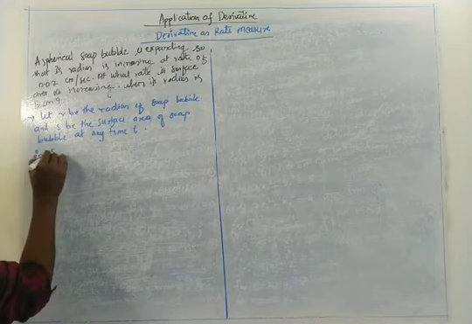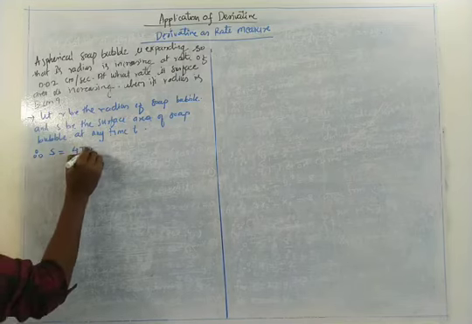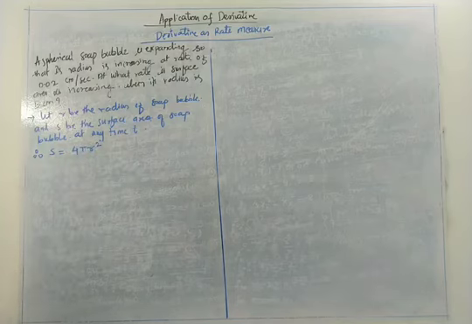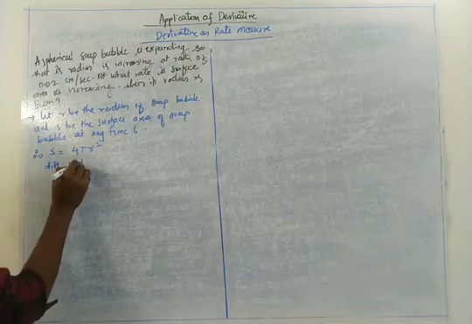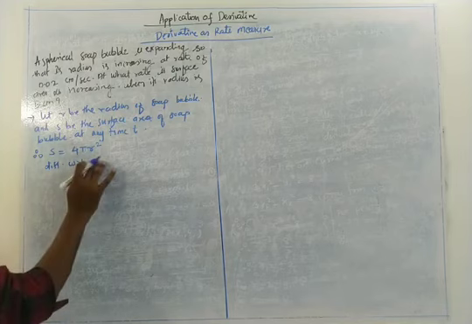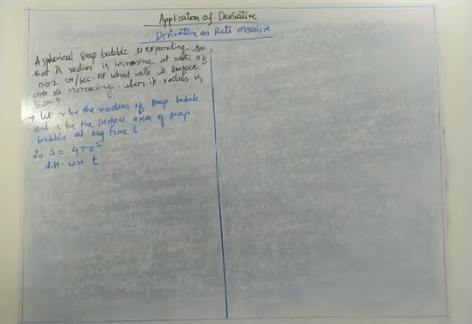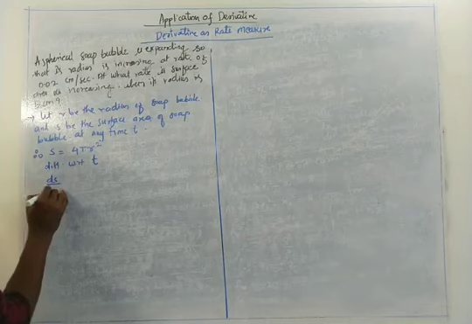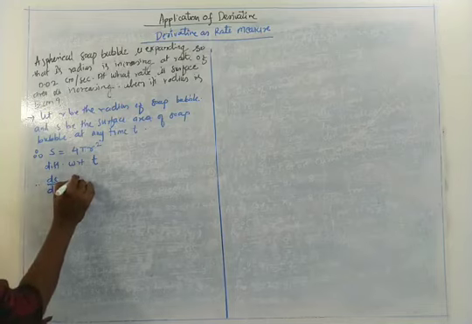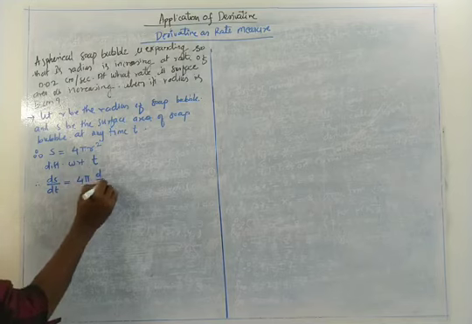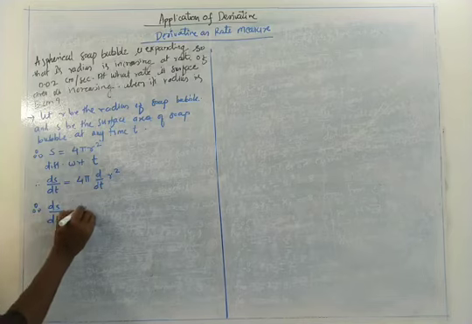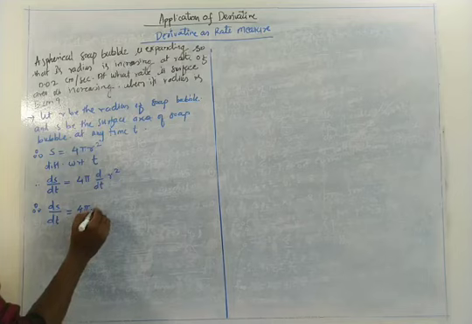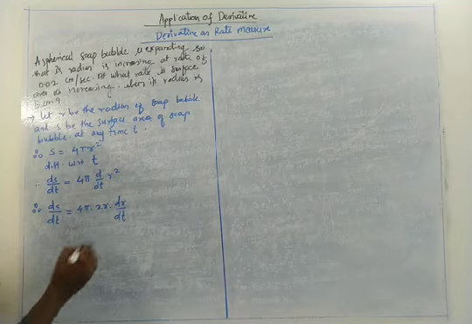We know that S is equal to 4 pi r square, the formula for surface area of a sphere. Now we differentiate that equation with respect to time, because all the things are changing with respect to time. So dS by dt is equal to 4 pi d by dt of r square. Therefore dS by dt is equal to 4 pi into 2r into dr by dt.